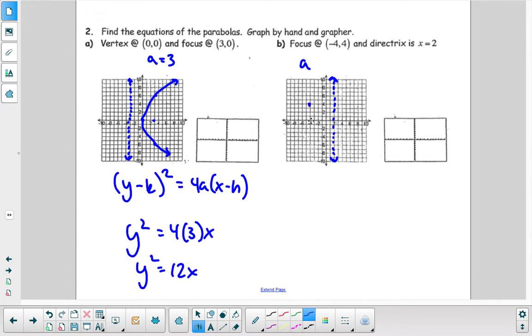We know it's going to be opening this way because the vertex basically protects the focus from the directrix. But we're going to split it, right down the middle, halfway between this coordinate and this coordinate, would be right here. So the vertex is going to be negative 1, 4. And you could have done that by averaging the x coordinates as well, but that's enough.